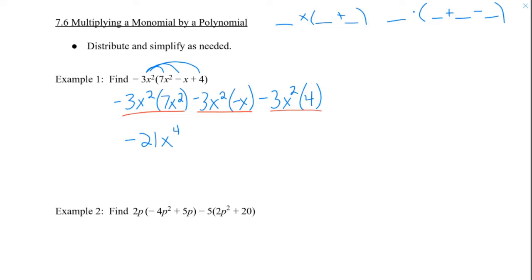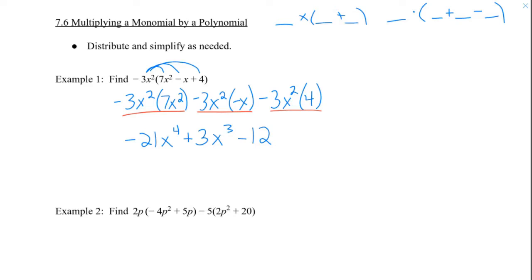In the next set of monomials, we have negative 3x squared times negative x. If we multiply the coefficients, negative 3 times negative 1, we get a positive 3. And then we have x squared times x, which when we add the exponents will give us x cubed. The last set of terms, negative 3x squared times 4, we're going to multiply those number portions. So we're going to get negative 12.